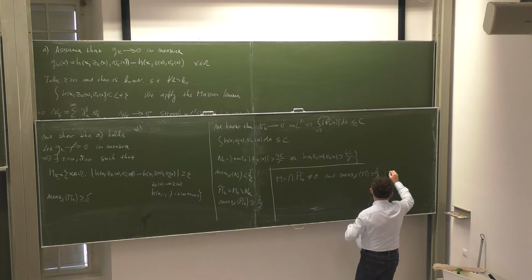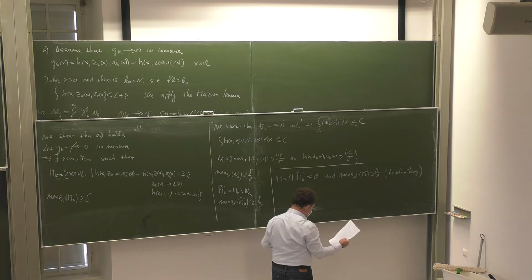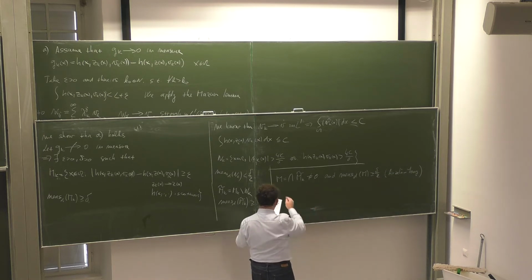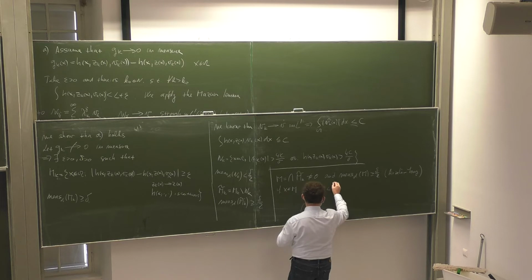And this is due to Arzela-Young. But if x is in M, then we have that Vk of x for every k is smaller than 4C divided by delta.